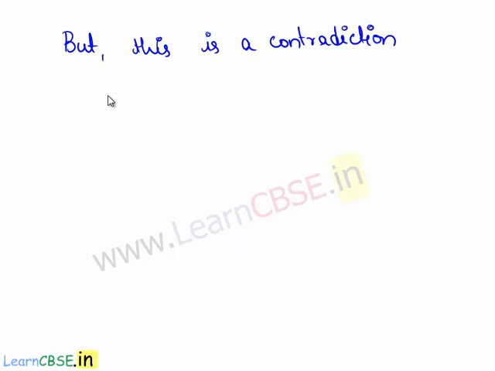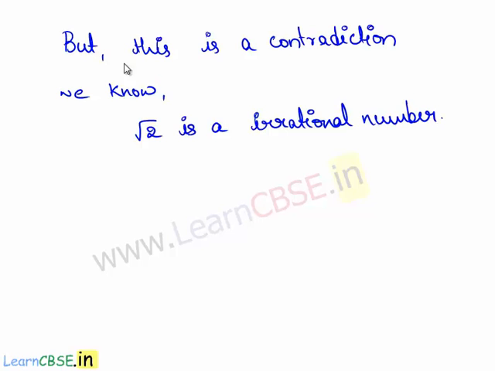But this is a contradiction because we know that root 2 is an irrational number. The obtained contradiction is due to our wrong assumption that 1 by root 2 is a rational number. Therefore, 1 by root 2 is an irrational number.